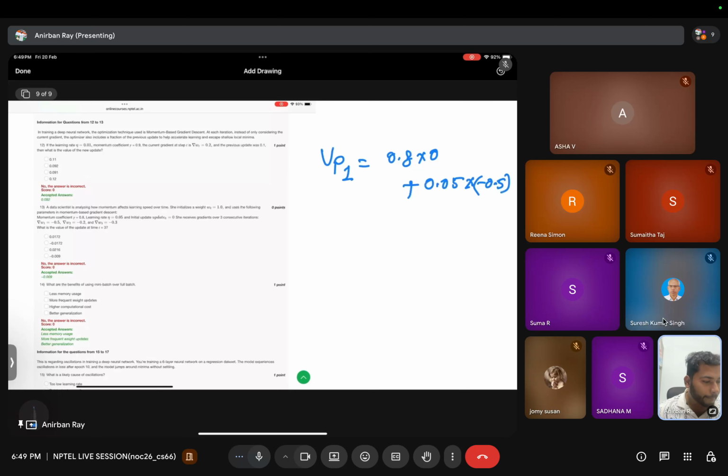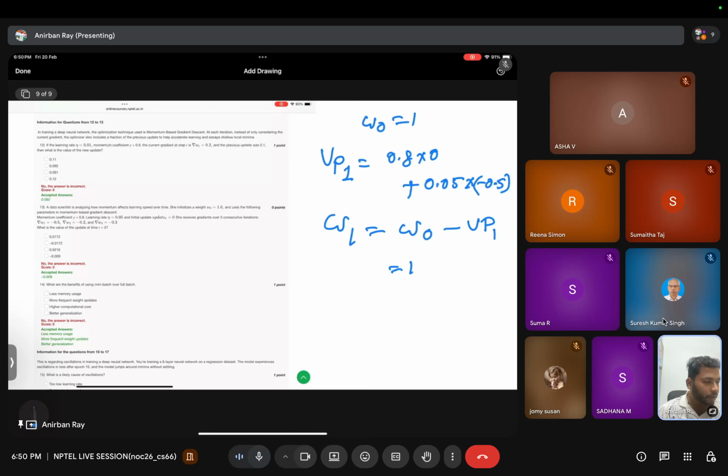W0 is equal to 1. Now W1 will be equal to W0 minus update 1. Am I correct here?